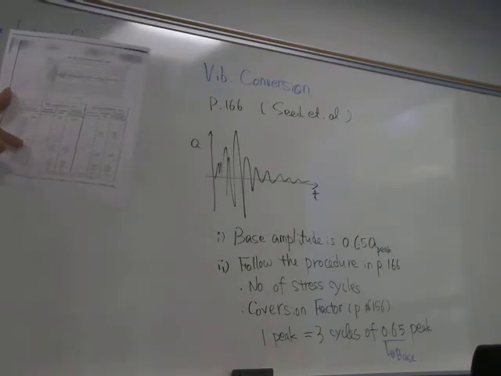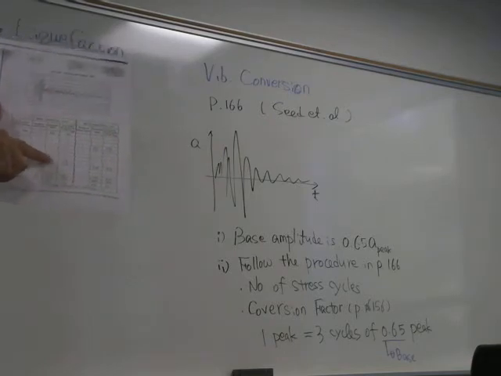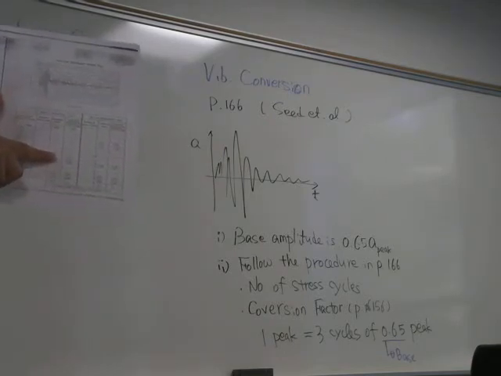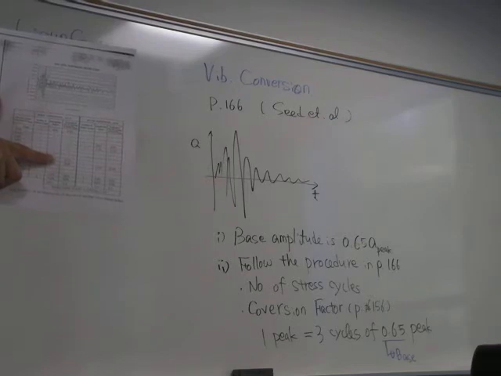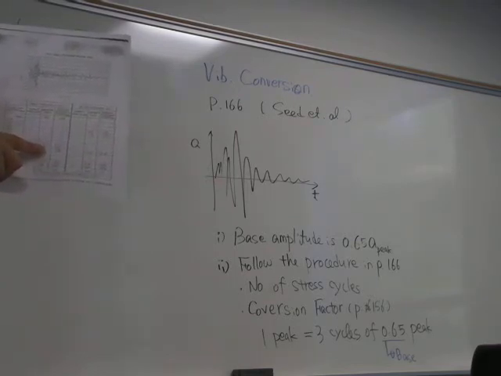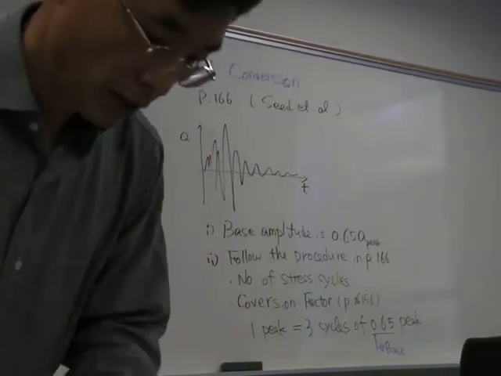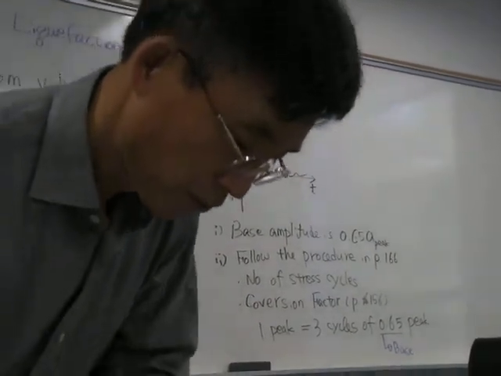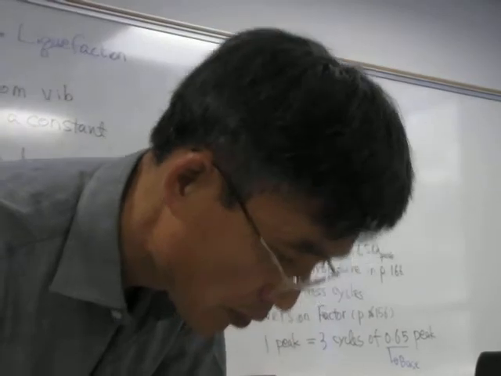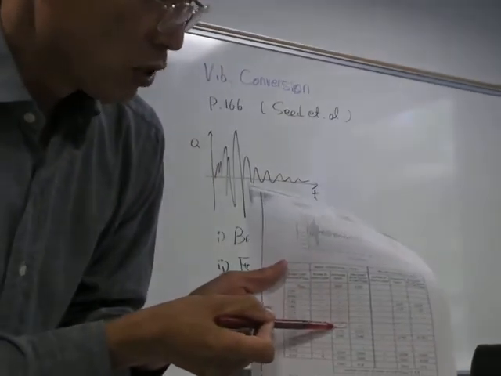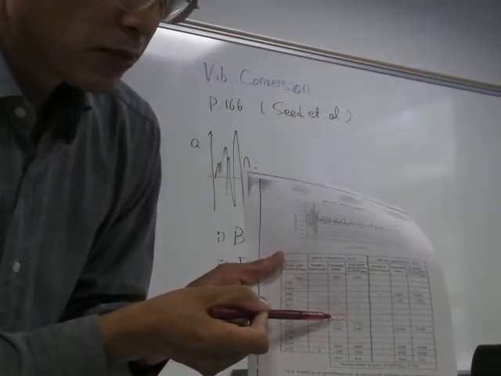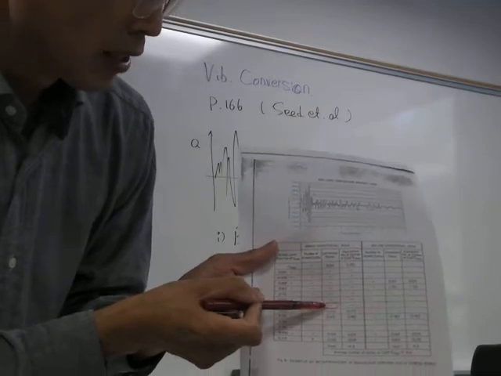When 0.65, our conversion factor should be 1. Okay, 0.6, it says 0.7, the 1 in here. This number will be 1, 0.65. All those are 1s?